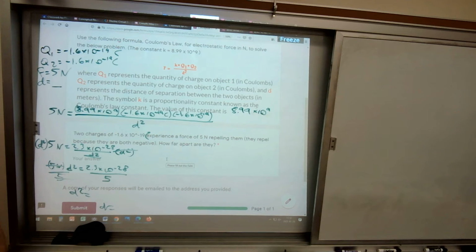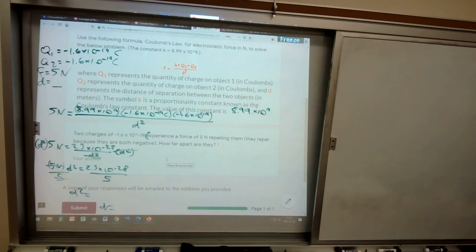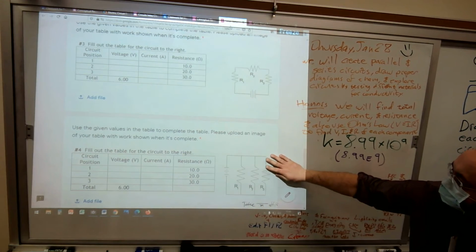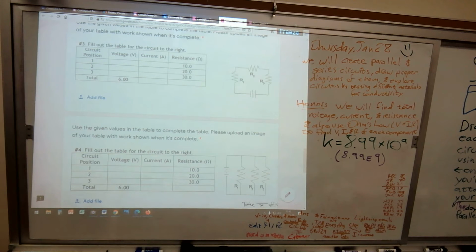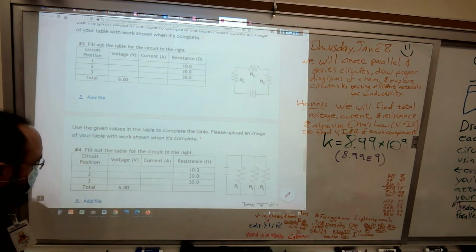Anyway, today we're going to use some organizational tools to help us solve some of this stuff. These are the two questions that are new that you'll be given today.